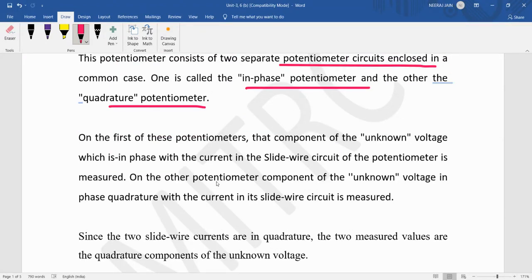On the first of these potentiometers, that component of the unknown voltage which is in phase with the current in the slide wire circuit of the potentiometer is measured. On the other potentiometer, the unknown voltage component that is in quadrature with the current in its slide wire circuit is measured.